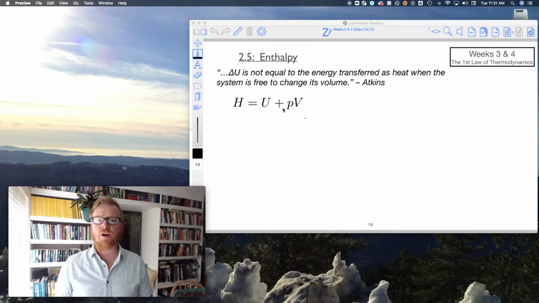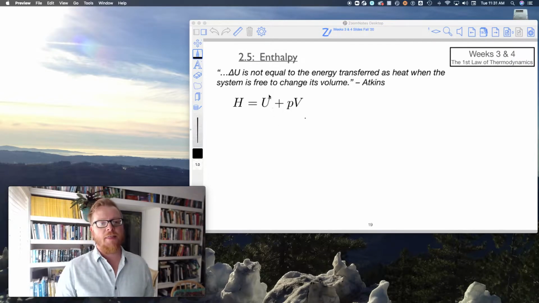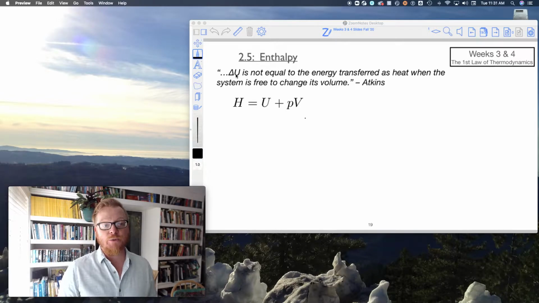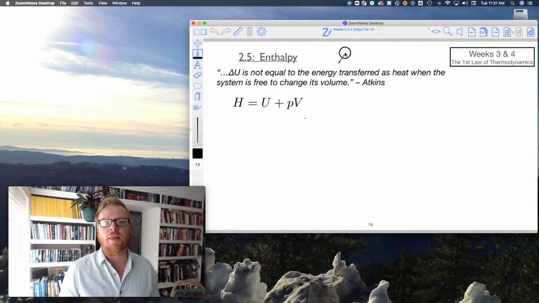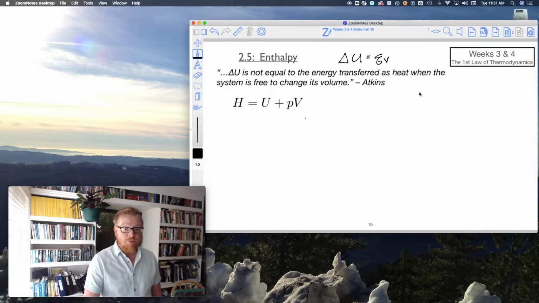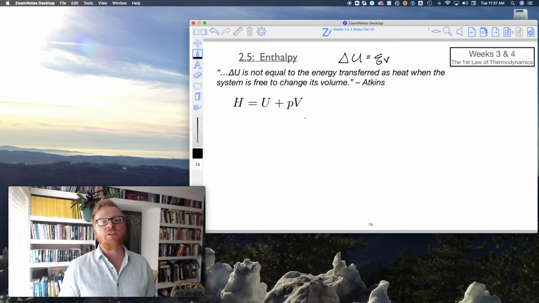Okay, so in the introduction of enthalpy, we start by recognizing that delta U, the change in internal energy, is not equal to energy transferred as heat when the system is free to change its volume. Okay, so we noted that as a review, delta U equals QV. So when the system has constant volume, the change in energy is just equal to heat, right?